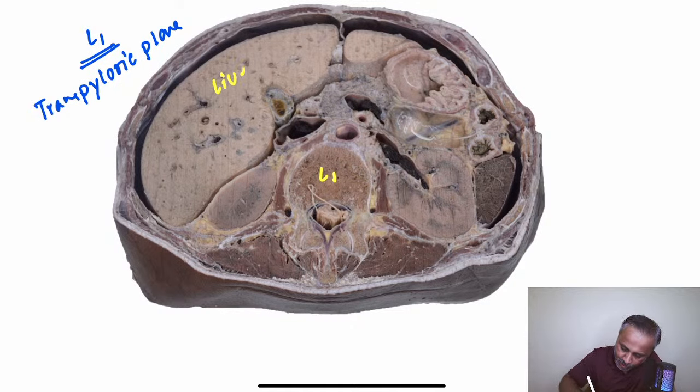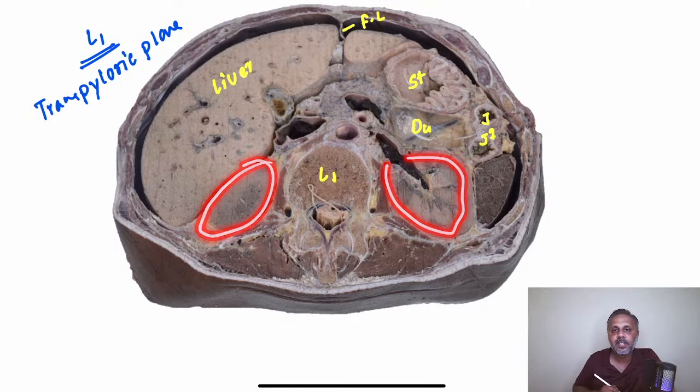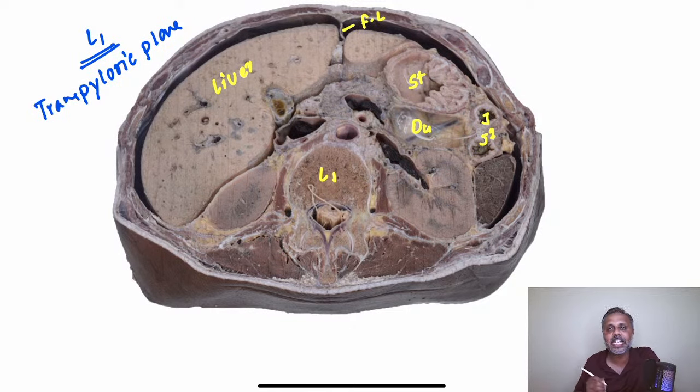This is the section of liver again. You can even see the falciform ligament here. Then you can see the stomach, the lowermost portion of the pyloric part. Here you can see the duodenum. Here you can see the coils of jejunum and ileum. Then what are these structures which are seen at the level of L1?